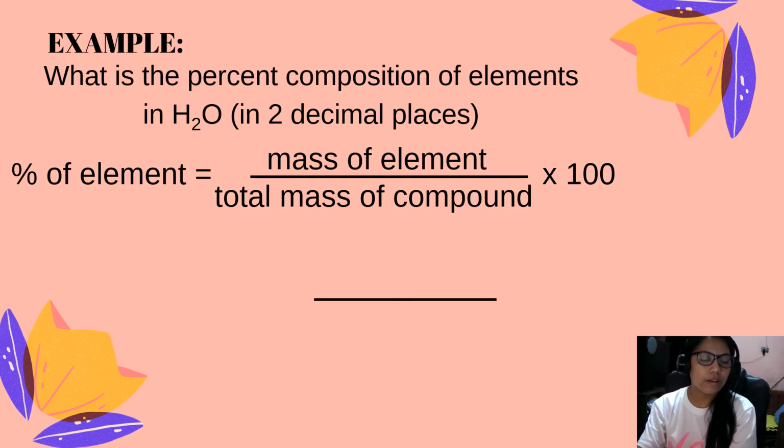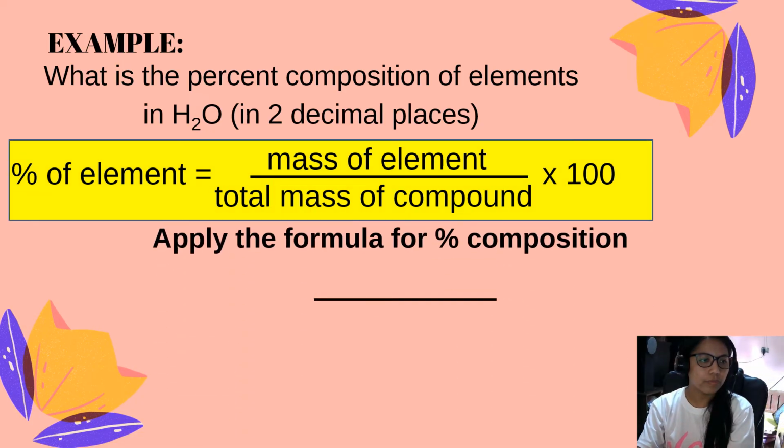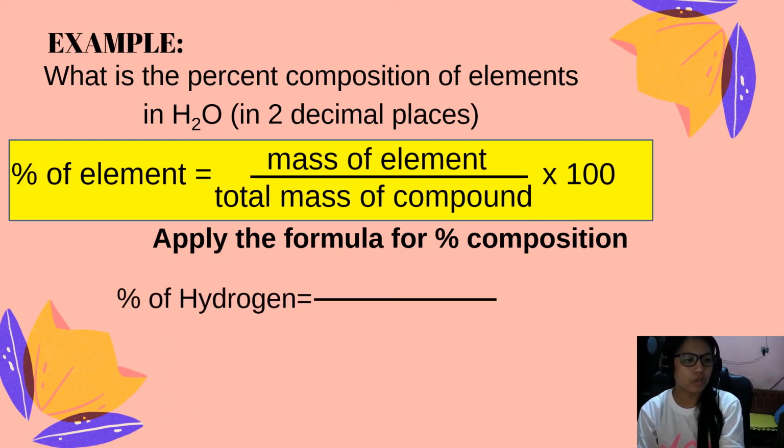So now, after we identify the total molar mass, we're going to compute the percentage of each element. So hanapin na natin yung percentage ng hydrogen and oxygen. So, we're going to apply the formula for percentage composition.